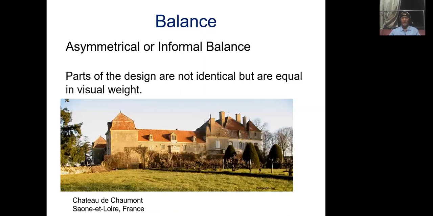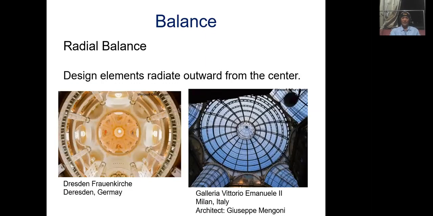Then we have asymmetrical or informal balance, where the parts of the design are not identical but are equal in visual weight. Look at the example here. The design is asymmetrical, but the parts are still equal in visual weight. Then we have radial balance. Radial refers to something that is circular.